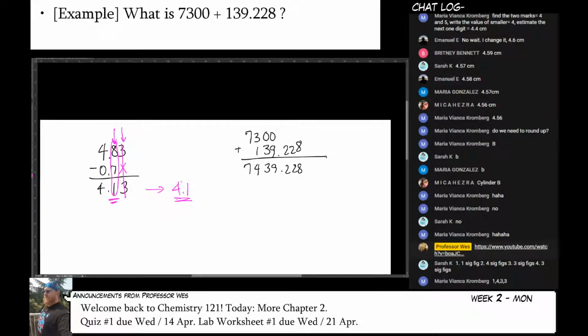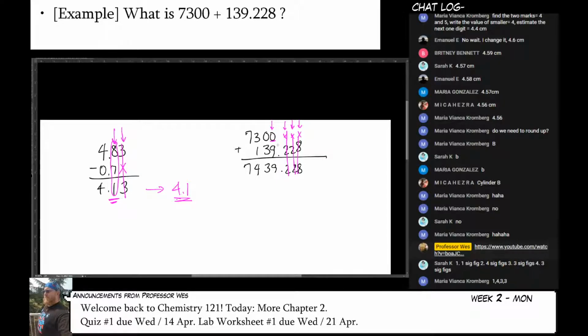All right, now I gotta do the same thing. Now, obviously, if I'm starting over here, these are all blank, right? So I'm not going to get to keep any of these numbers. But what happens when I get here? Is this 0 known or estimated, or is it a placeholder?